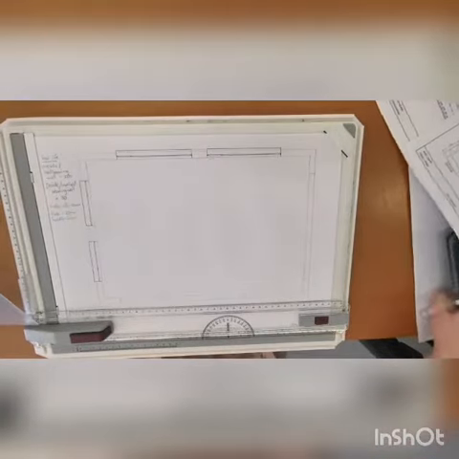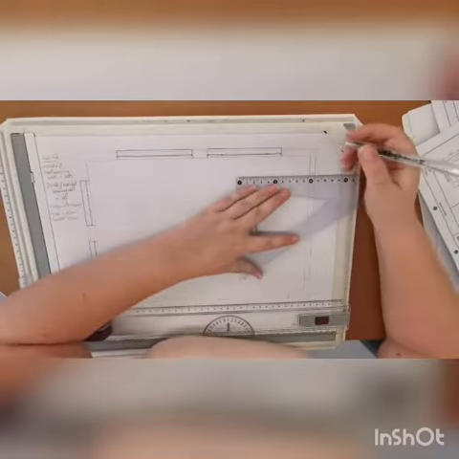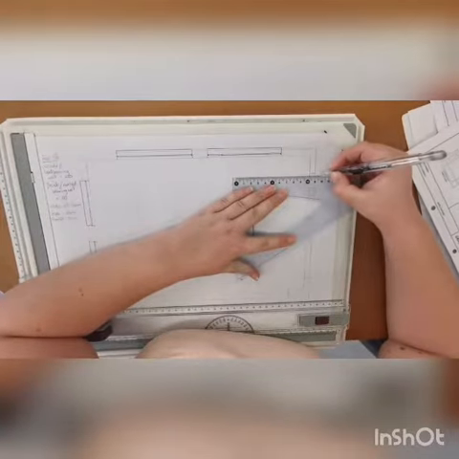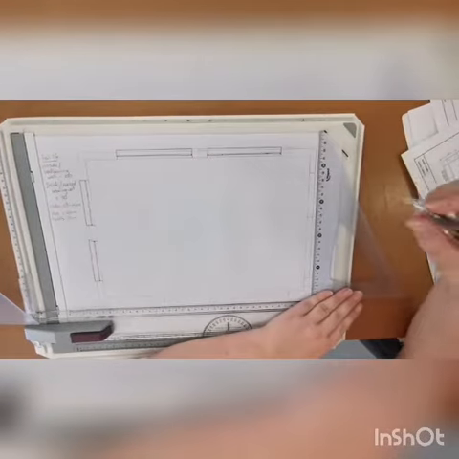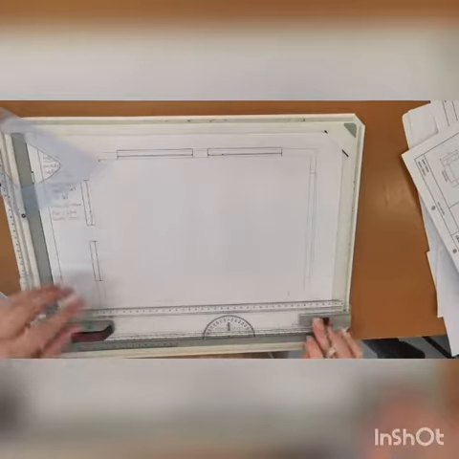Where's my other one? Right there. Okay, we have to do the windowsill again. 2 millimeters out from the wall. Draw a light line so we can follow it through.